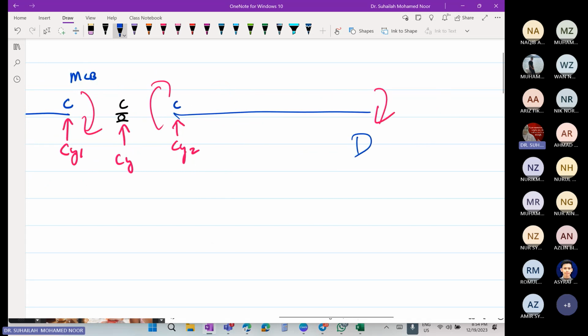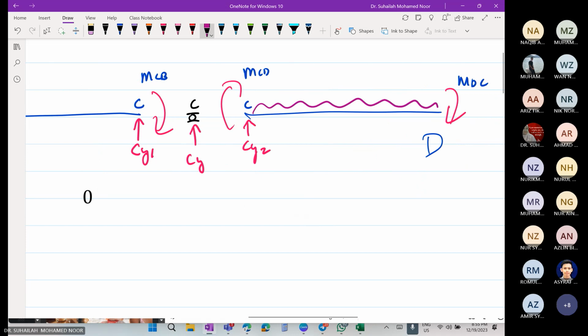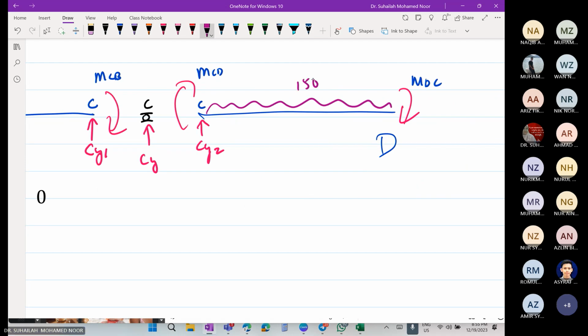Okay, for member CD, this is MCD, this is MDC, and on the member, it has UDL, 150. This is 150. At D, it is pin.